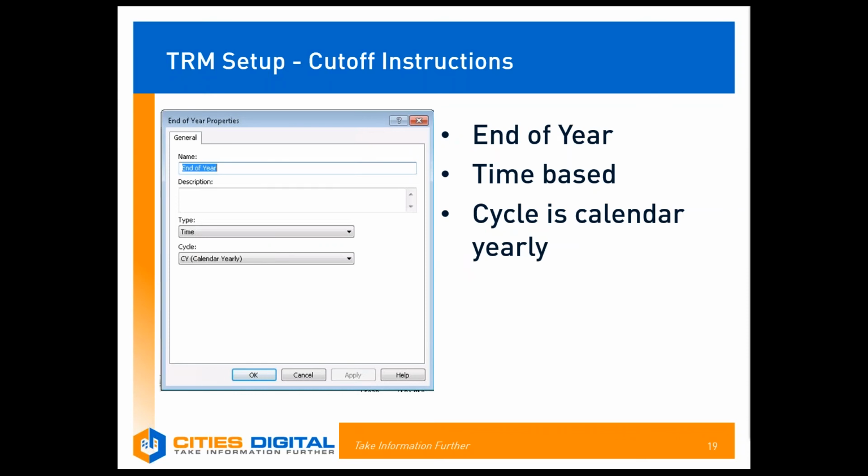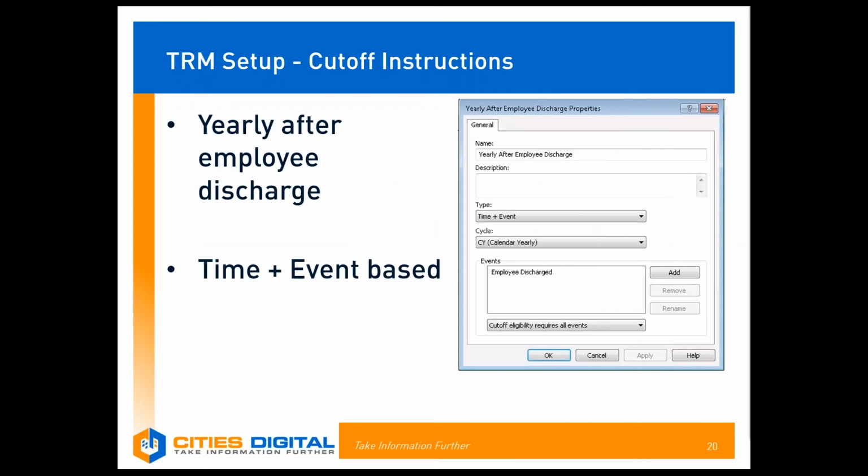You just give it a name. You can give it a description, of course. Then we have the type, which is a drop-down. Allows you to set different cutoff instructions. You can have a time-based, which is what our end of year is. You can have it set to time plus event, which is our yearly after employee discharge.